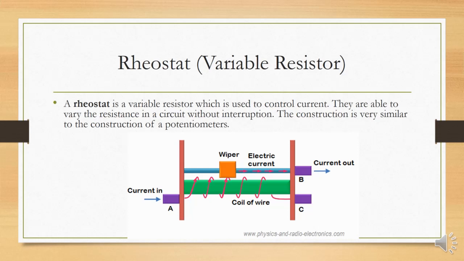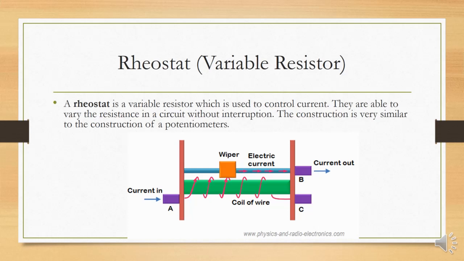So it only depends upon the length of the wire. If it moves on the left side, then the length of the wire decreases, and so the resistance of the wire decreases.